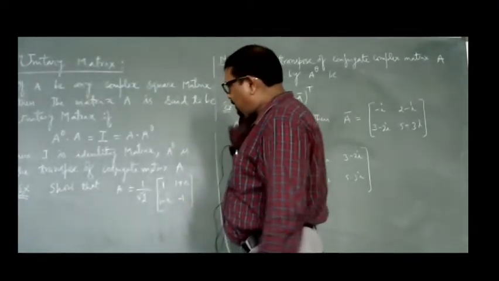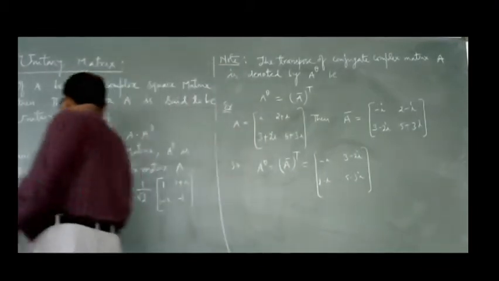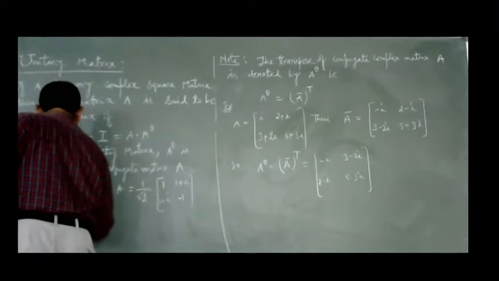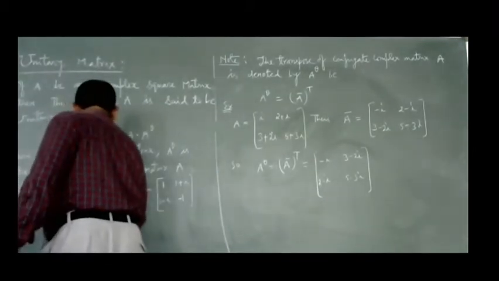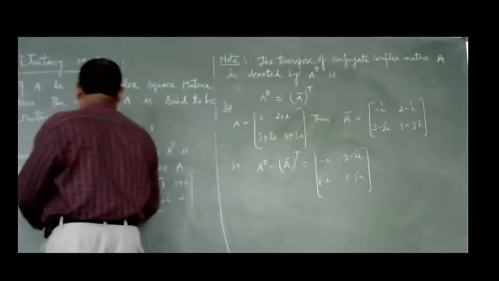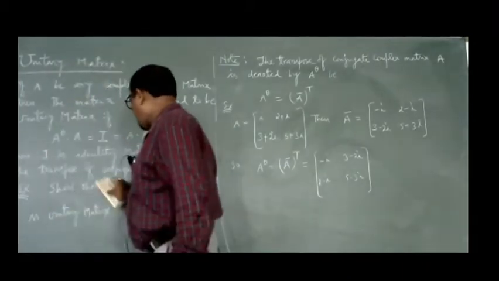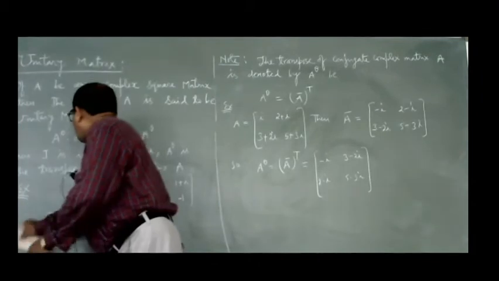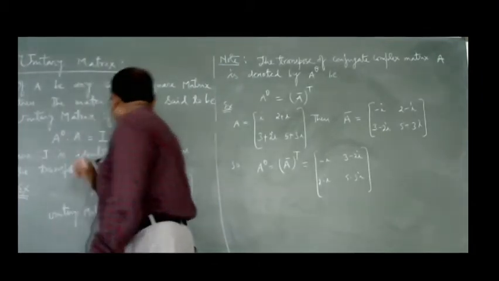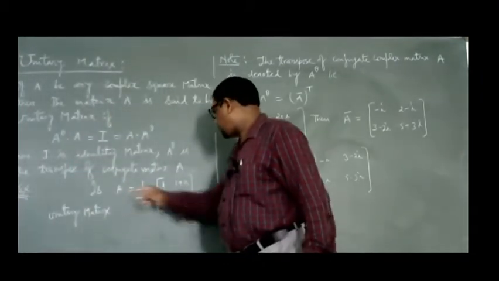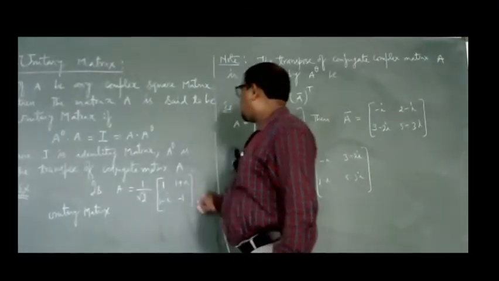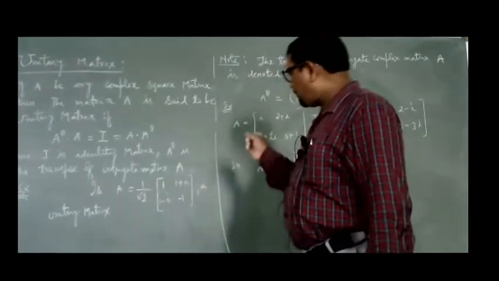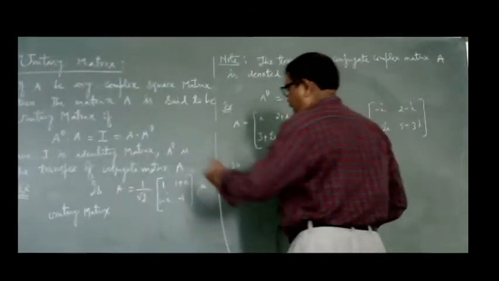Is it a unitary matrix? It is not a simple example I am taking. Is this matrix A a unitary matrix? Is this matrix a unitary matrix or not? Let us find.